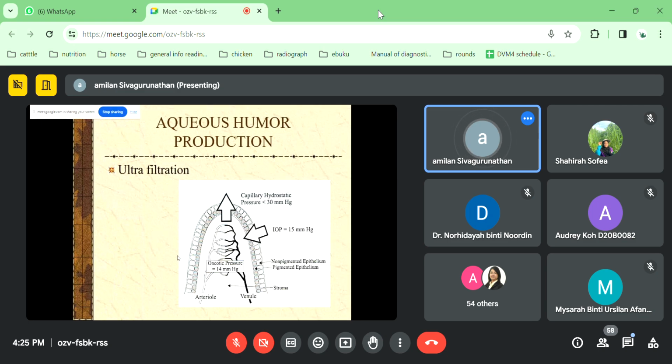This is when hydrostatic pressure differences between the oncotic pressure of the ciliary body and the pressure outside drive the fluid from the blood vessels out into the aqueous. These are the two layers of cells. You see here the non-pigmented and the pigmented. This is the blood ocular barrier.